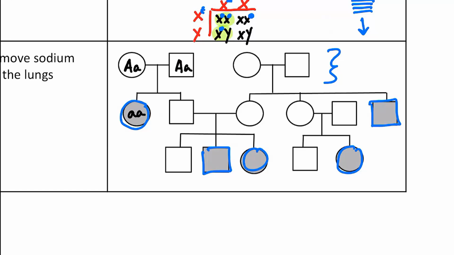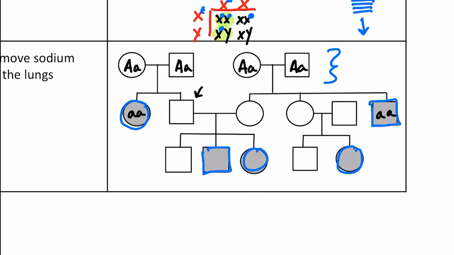Same thing here. This individual is homozygous recessive, doesn't have a working gene on both chromosomes to make the protein to live its function without a disease. So both of these parents must be carriers or heterozygotes. Okay, now to figure out what this individual has to be, I know it's not homozygous recessive, but it could be homozygous dominant or a heterozygote.